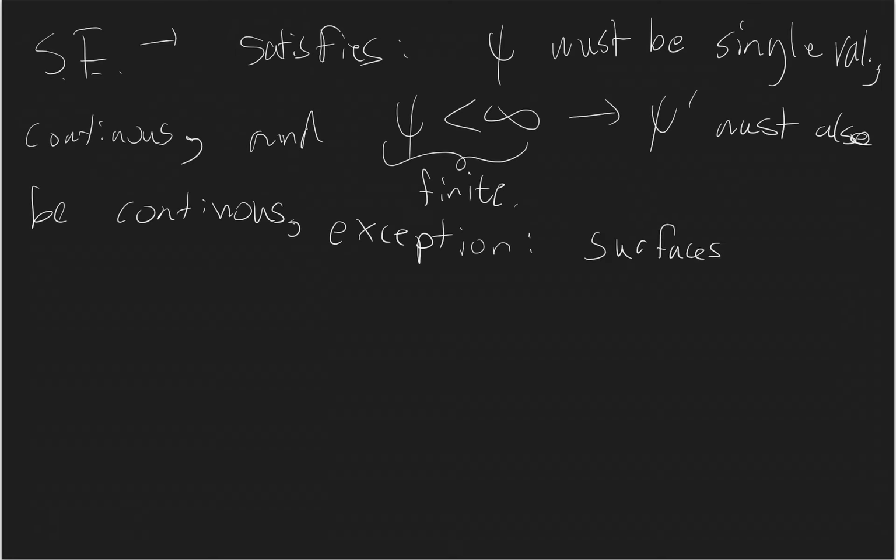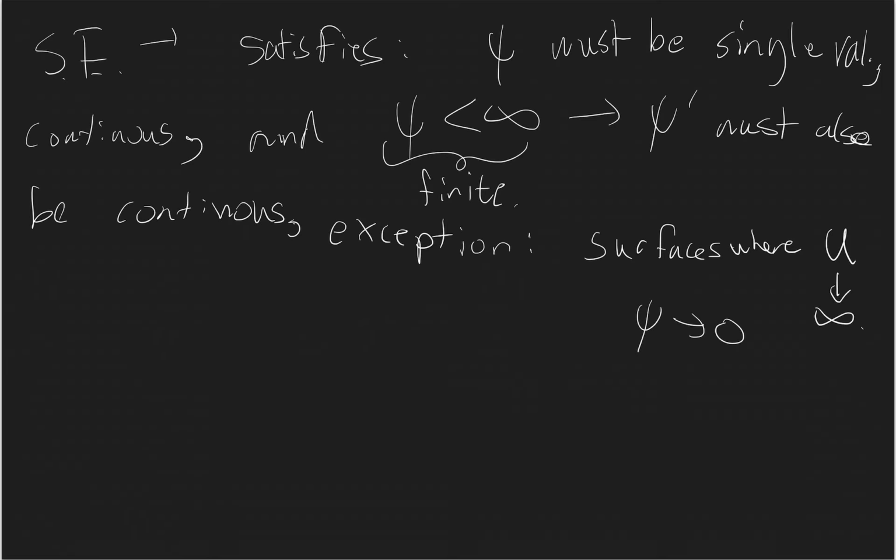Surfaces where the potential becomes infinite. Okay, surfaces where the potential becomes infinite. At such an infinite potential wall, psi goes to 0. Okay, so that's kind of what we need.